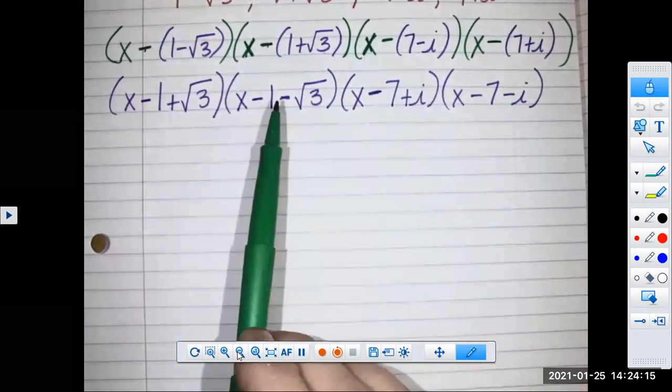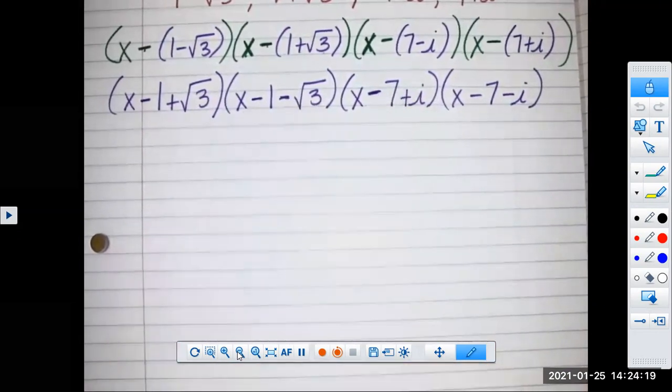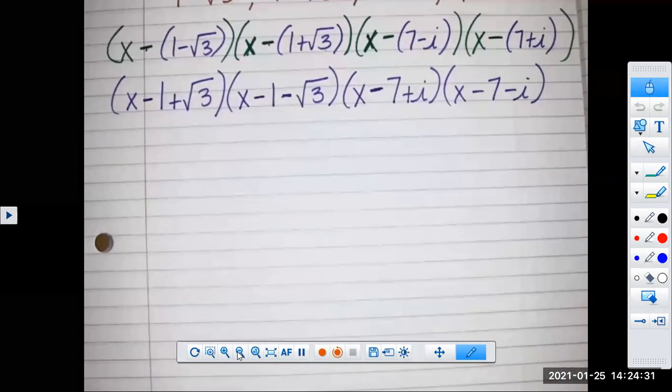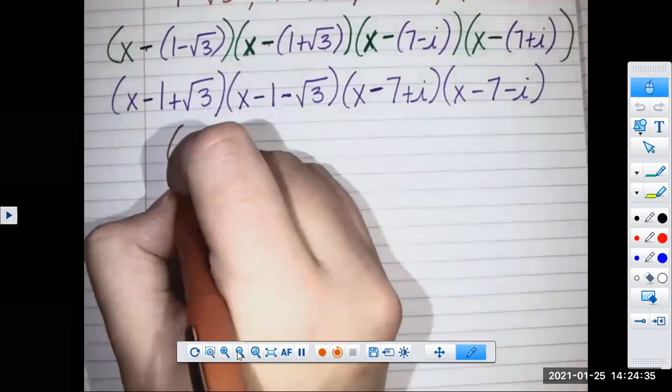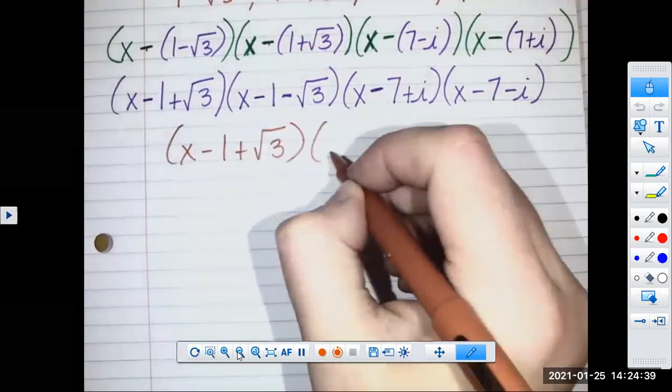Because if you multiply something that contains a radical to something that contains an i, you're going to have some pretty nasty stuff to deal with. So always multiply conjugate pairs together because things should cancel out. That's why they're conjugate pairs. So I'm just going to rewrite it. You don't have to. I'm going to multiply the two things that have radicals together first.